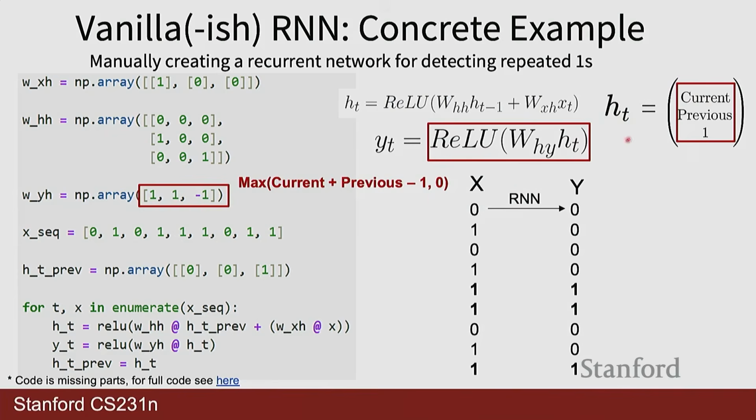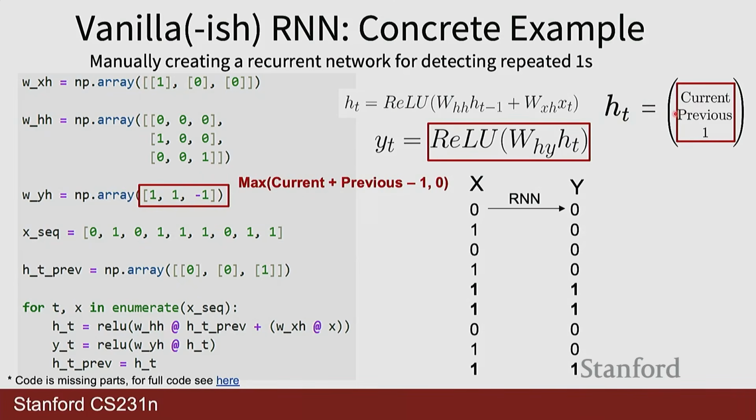And this is sort of like a dot product between the values here and the values here. What this will correspond to is the current plus the previous minus 1. Minus 1 because we multiply the minus 1 here. This is where the 1 became useful. And the current is associated here with the 1, and also the previous is associated here with the 1 as well.